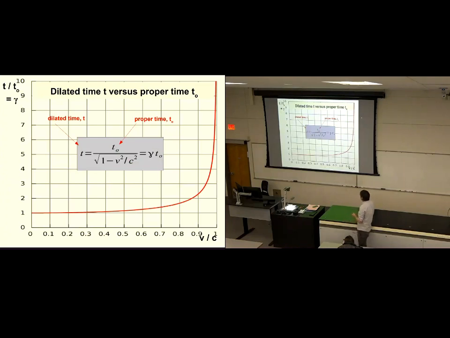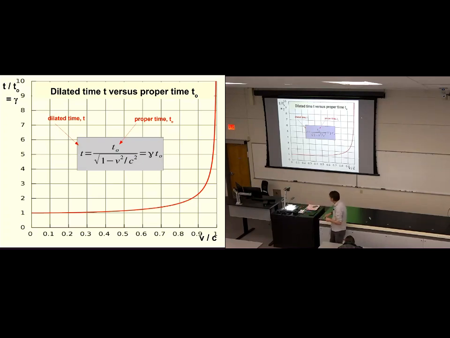This is just a picture of that factor, gamma, the Lorentz factor, that turns proper times into dilated times when the clock starts moving. It's just a picture of that factor as a function. What's it a function of? It's a function of velocity.